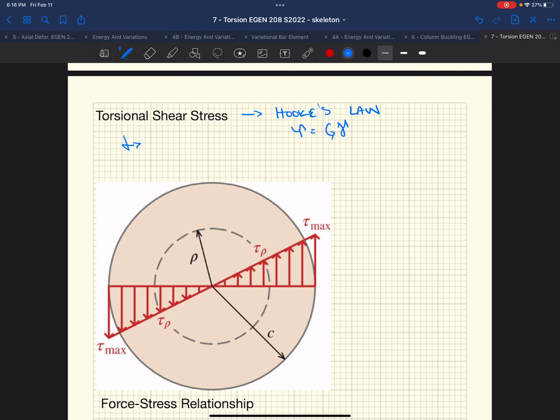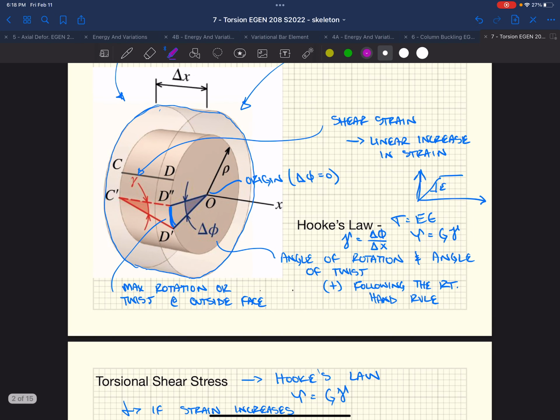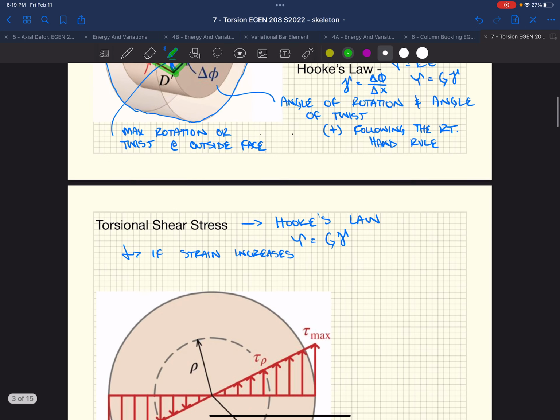Well, looking at that equation, if our strain increases, if gamma increases there, and more importantly, if it increases linearly like we saw here, we have this linear behavior, that our angle of rotation increases as we go along the length. Well, if that angle of rotation increases, our shear strain, the change in these angles of our square, is also going to change.